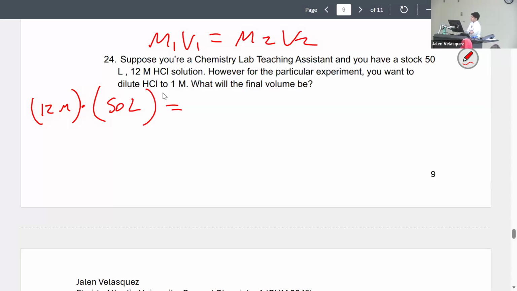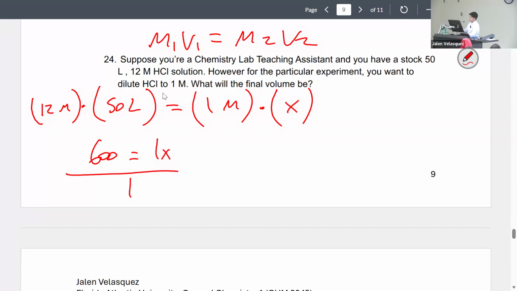And what's my final set of parameters? My final desired concentration is 1 molar. And the final volume, I've got to figure that out, right? So that will be X. Okay, so from here, hopefully some pretty simple math. 12 times 50 is 600, equals 1 times X, which is 1X.